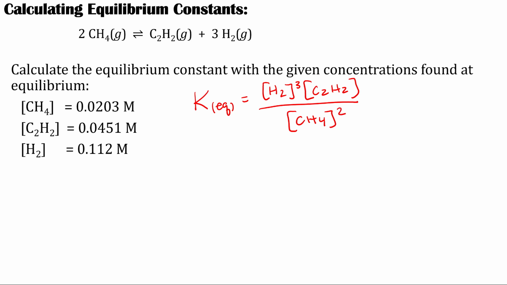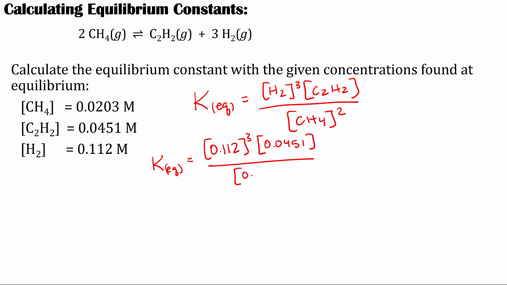And then I'm going to plug my values in. So H2 is 0.112, and I'm going to cube that. And then C2H2 is 0.0451, and I'm going to divide that by 0.0203 squared. Okay, when you put this in the calculator, you really have to watch out for PEMDAS and make sure that you're doing it correctly.